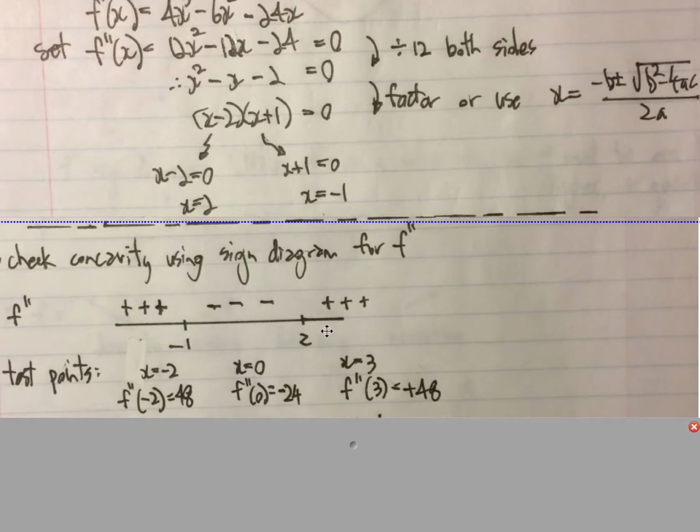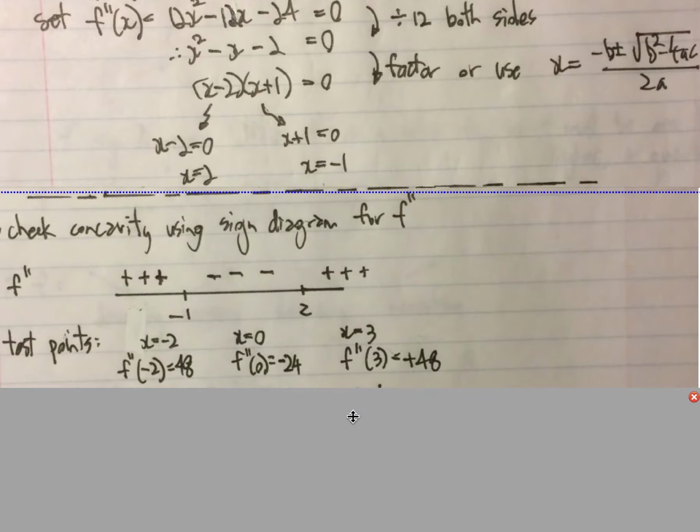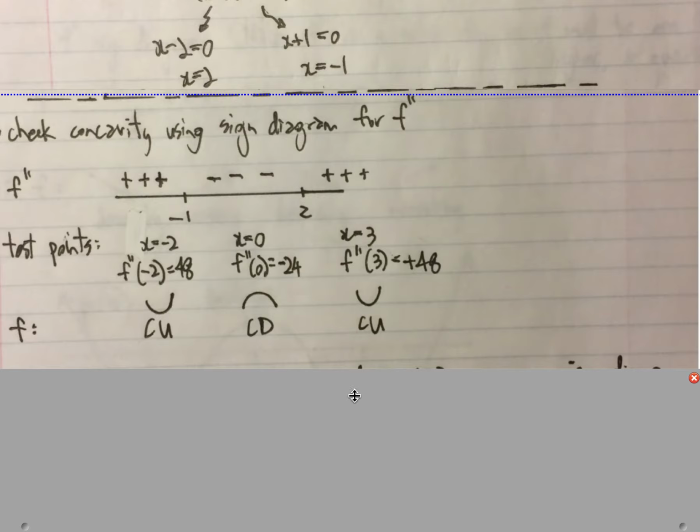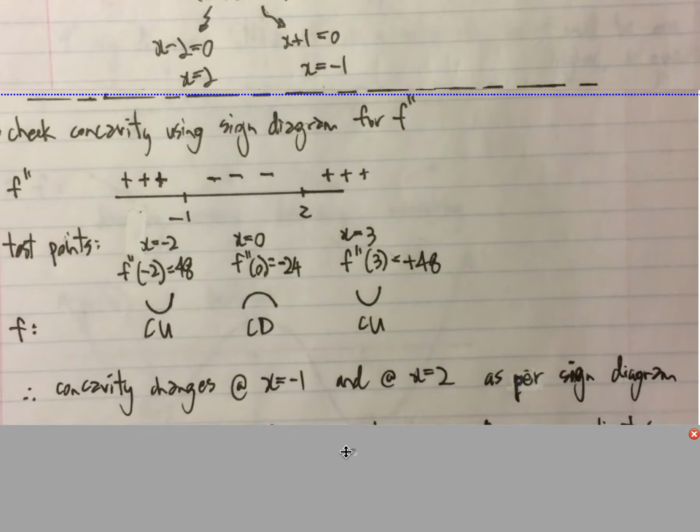Once we have that, then we can discern what the original function is doing. So when the second derivative is positive, then we know the original function is concave up, sort of like a smiley face. And then when the second derivative is negative, we have concavity downward, which is like a little frowny face. And then similarly, concave up is a smiley. So from there, we know that we have inflection points at negative 1 and 2 because there's a change in concavity.